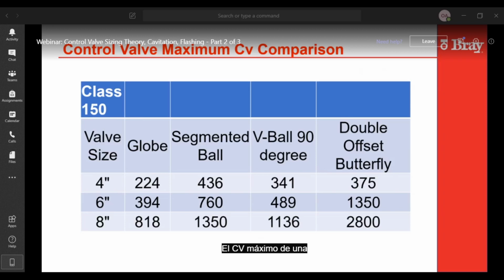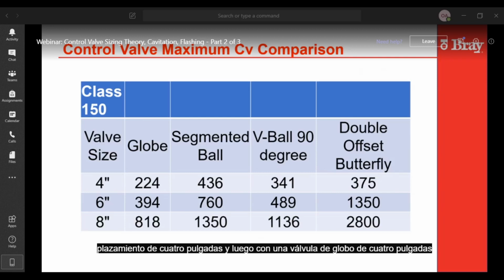The maximum CV of a segmented ball is 436. V-ball would be 341, and a double offset butterfly valve would be 375. So it's not a significant difference. It's probably 50% on average more flow you can get through a 4-inch double offset valve than a 4-inch globe valve.